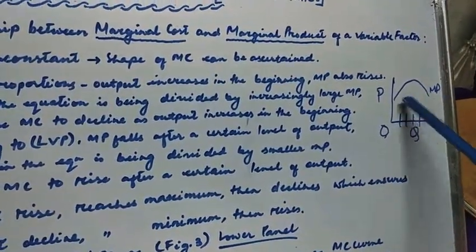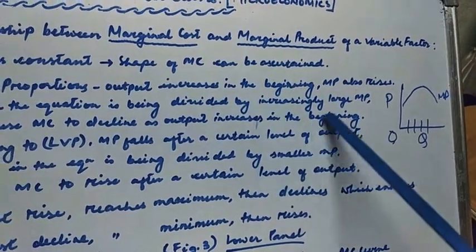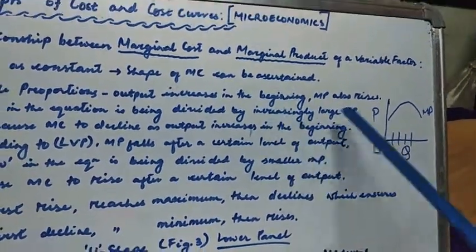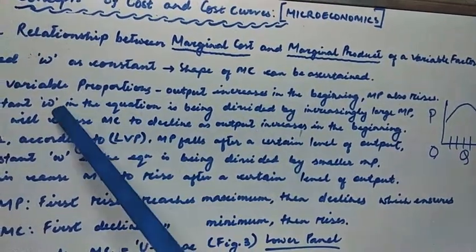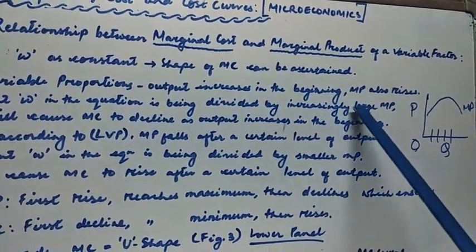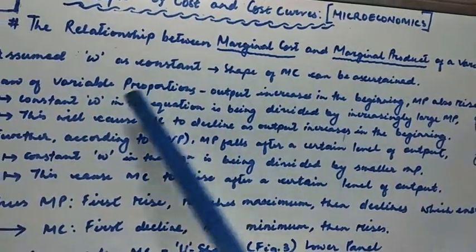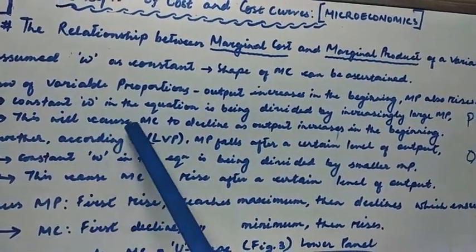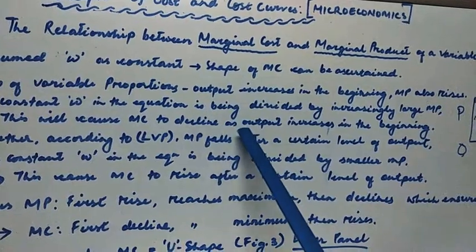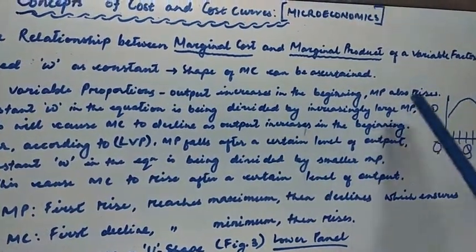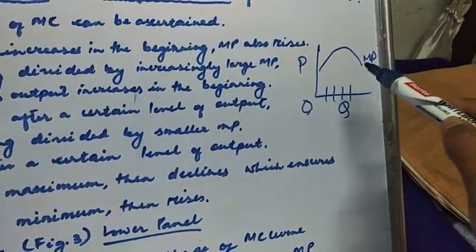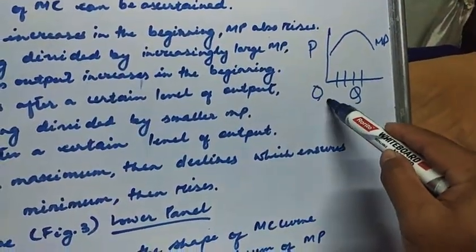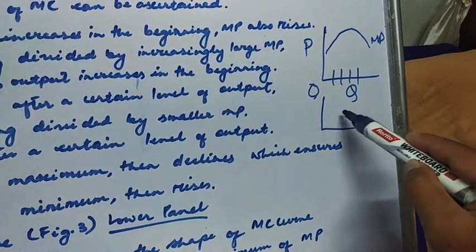So the marginal product is rising as output increases, and then we are dividing the constant W with the increasingly large MP, which will cause the marginal cost to decline as output increases in the beginning. So this is marginal product. And what about marginal cost?